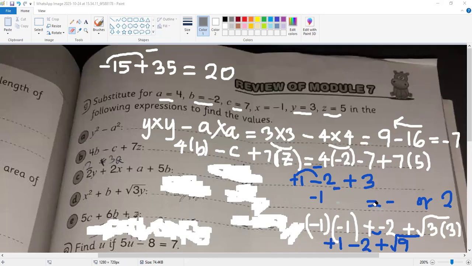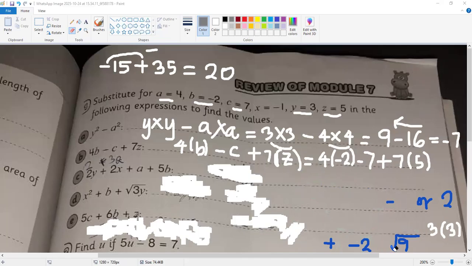All right, so I will erase again to make space for the next question. Like I said before, you can actually pause the video and see what question number 1D was solved to look like. Question 1E, I have 5C plus 6B plus Z. So 5C means 5 times C. All right.